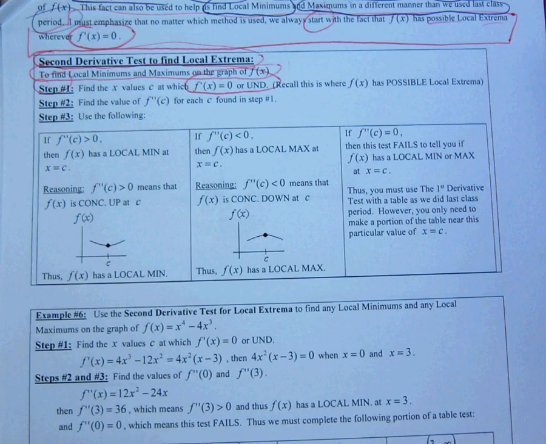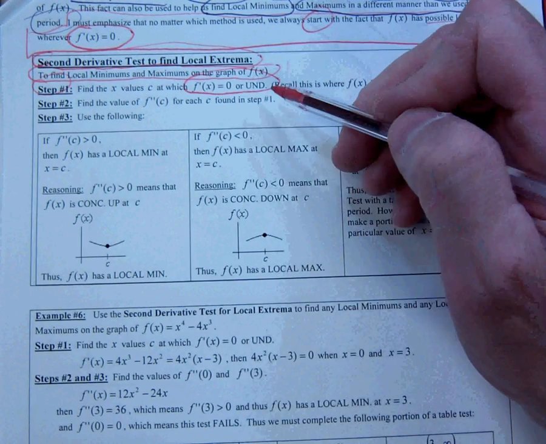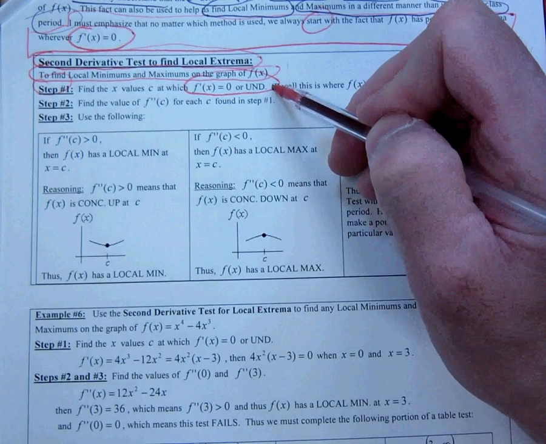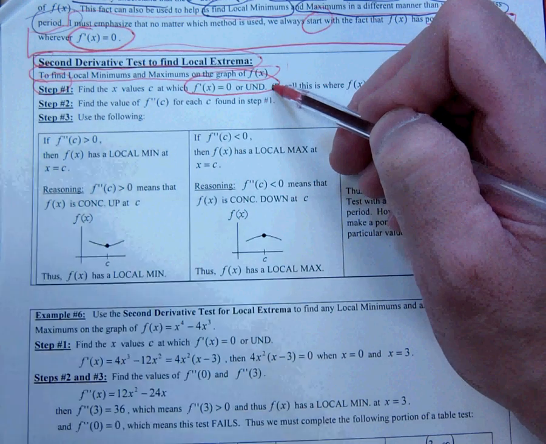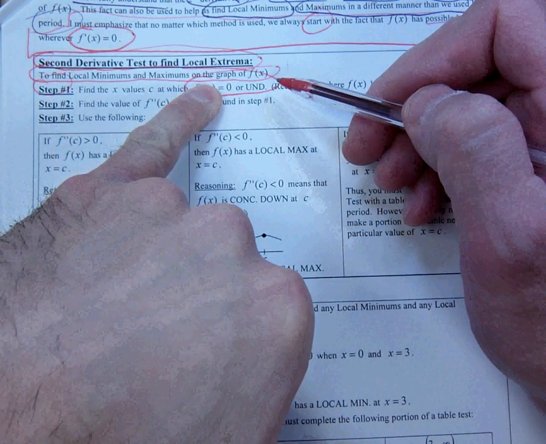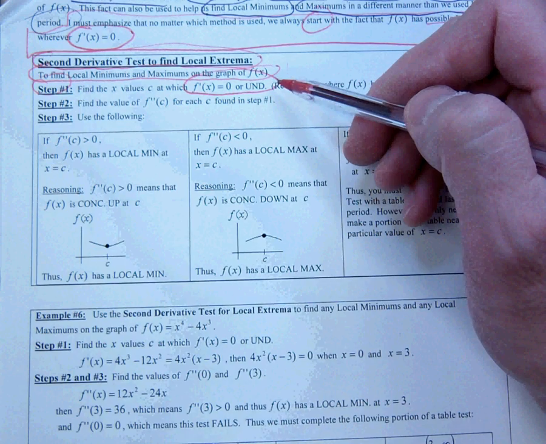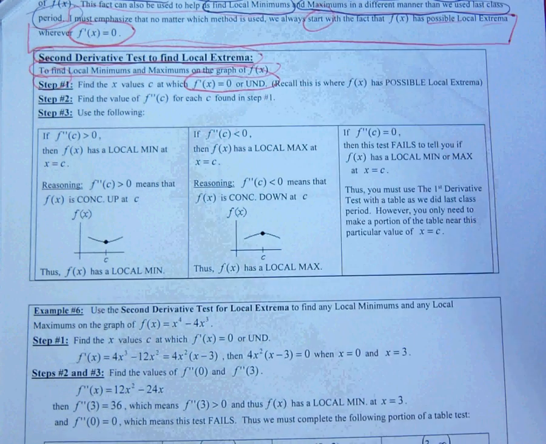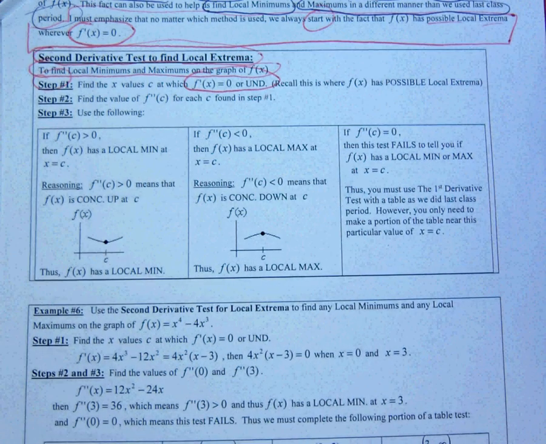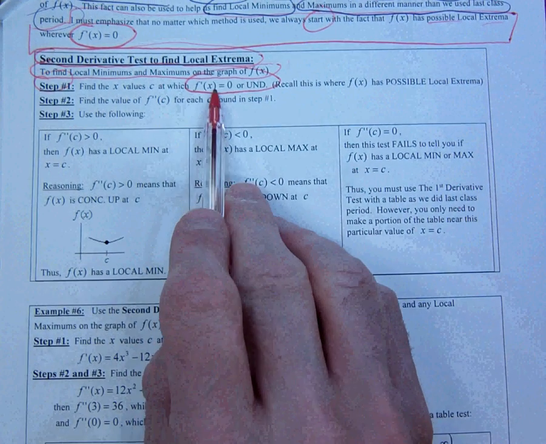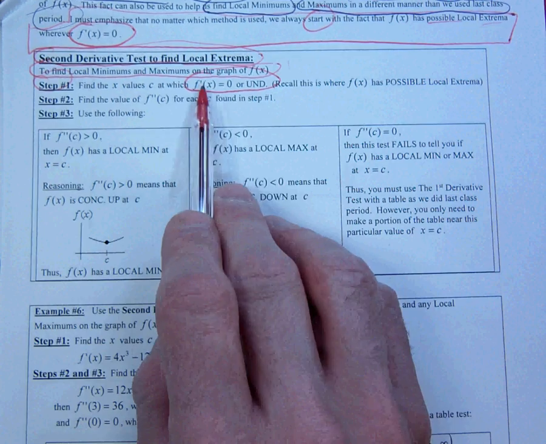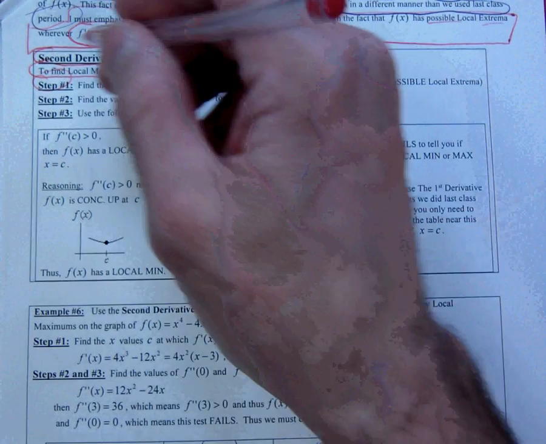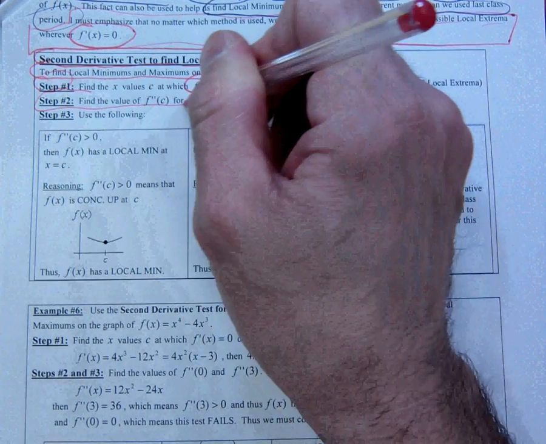Now here's what's different. What I did after step 1 last week is that we took those values and used them to break up our number line into test intervals and made the table. Isn't that what we did after step 1? Well, now here's where it changes. Instead of making a table, I'm going to take the values of x that I found in step 1, wherever f prime is 0 or undefined, and find the value of the second derivative at those values.